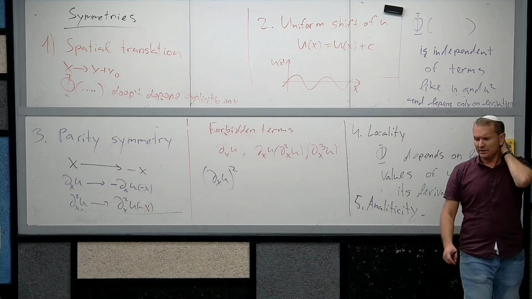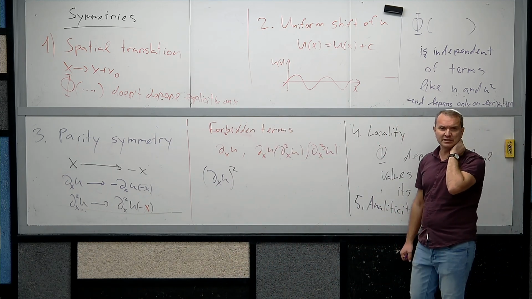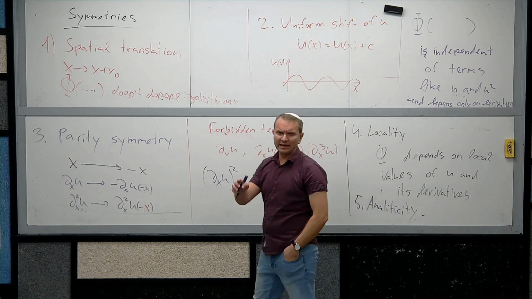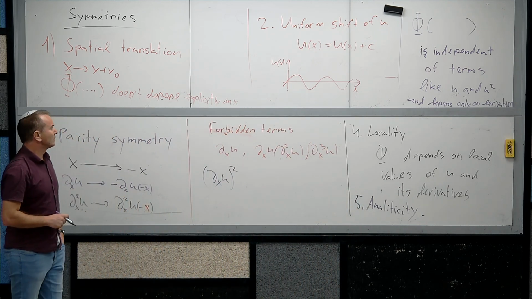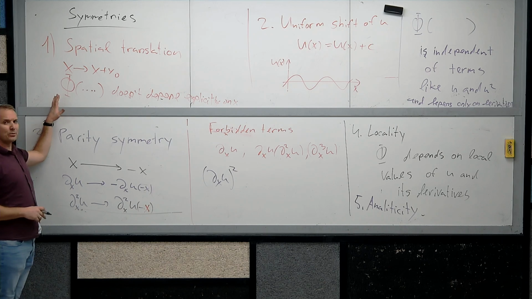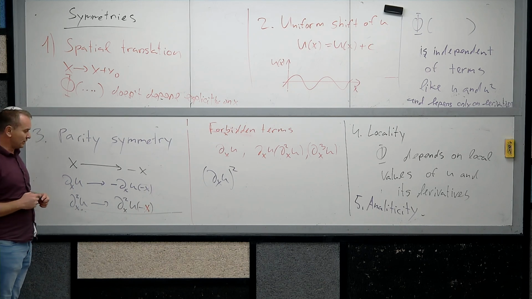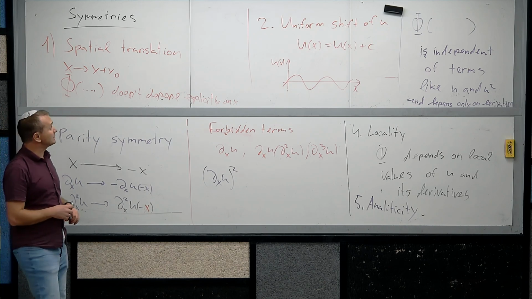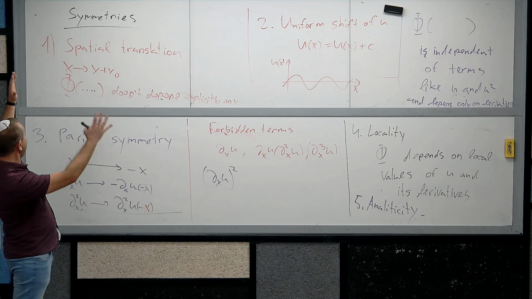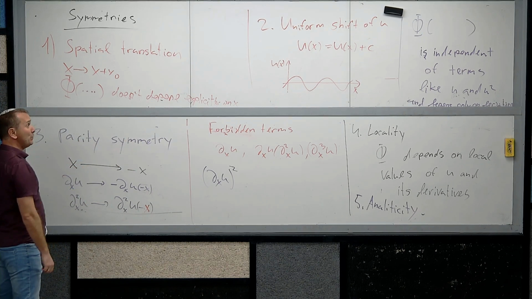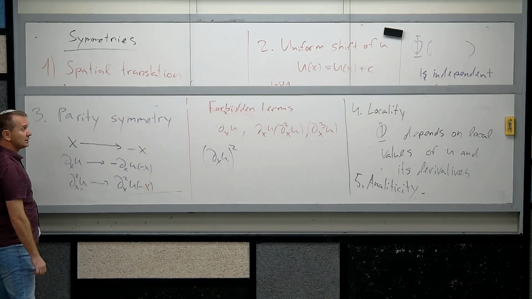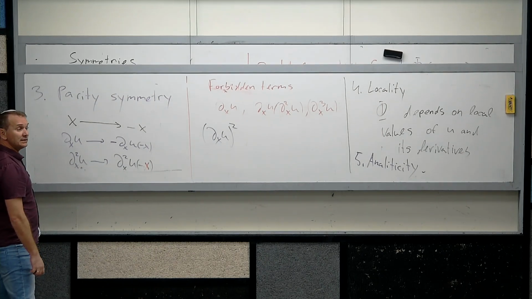For us, this last one means that phi is analytic, I can expand it in a Taylor series. That's it. Okay. So the approach of this field theory to the same problem is, well, take all those symmetries and use them in order to construct your density.